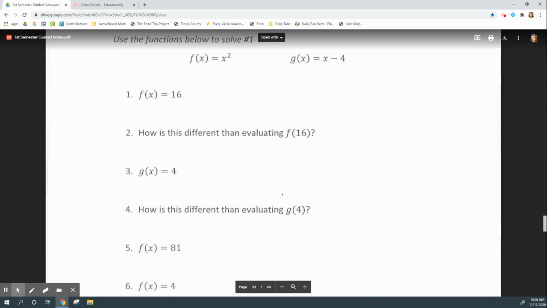Parentheses 4 minus 4. Because we're just filling this in wherever x was. We know that x is 4. So we're substituting. What's 4 minus 4? 0. So your input was 4, your output is 0.